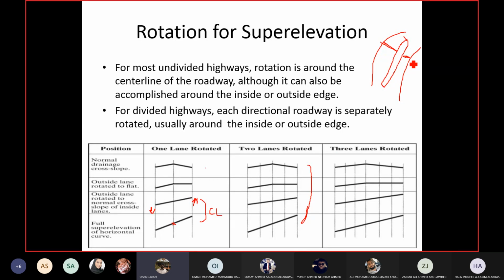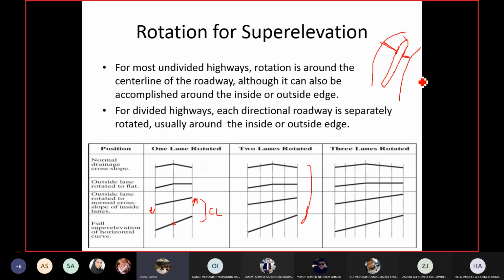So you are rotating around this edge, which is the outside edge for this direction, and then you are rotating around this edge, which is the inside edge for this direction. So when you have a divided highway, you are rotating around the inside edge or around the outside edge, depending upon the position of the median.